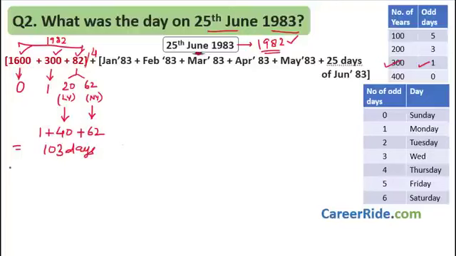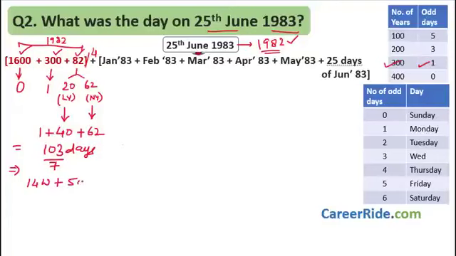And if I try to convert them into weeks and see how many extra or loose days are left, I will have 103 divided by 7, because a week has 7 days. From here I get 14 weeks plus some odd days. And how many odd days are these?